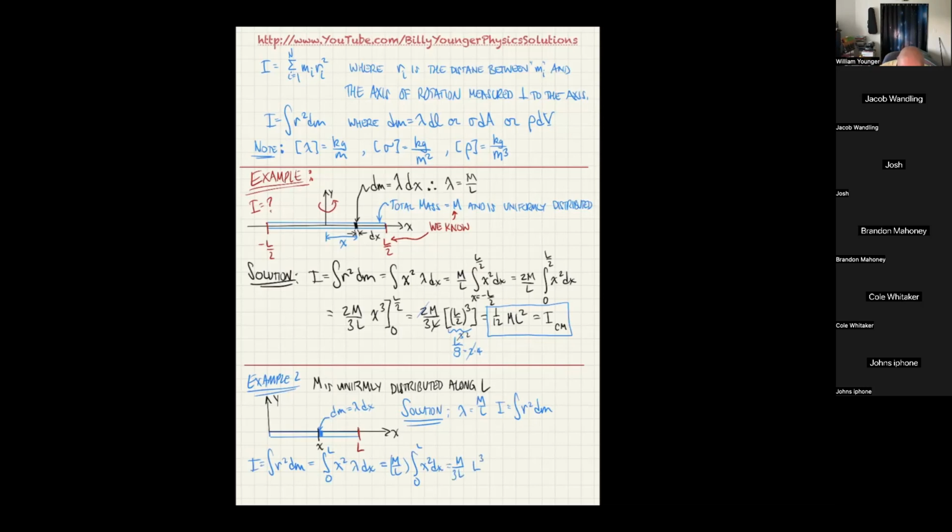So you can now see that the answer is 1/3 ML squared, and that's equal to the moment of inertia about the end.